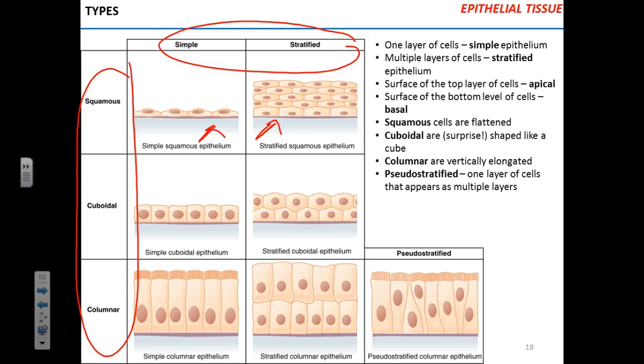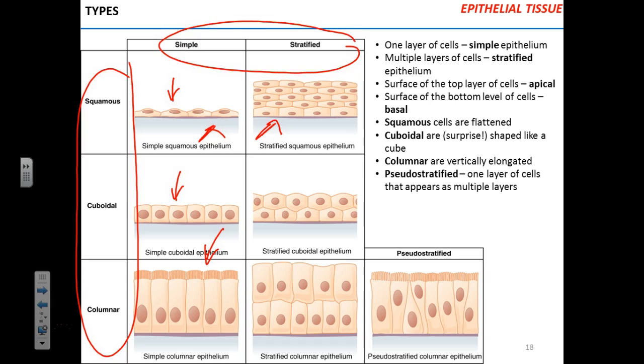See the difference? Now, shape-wise, you have squamous, which are flat, cuboidal, which are surprisingly cuboidal, and columnar, well, columnar in shape.